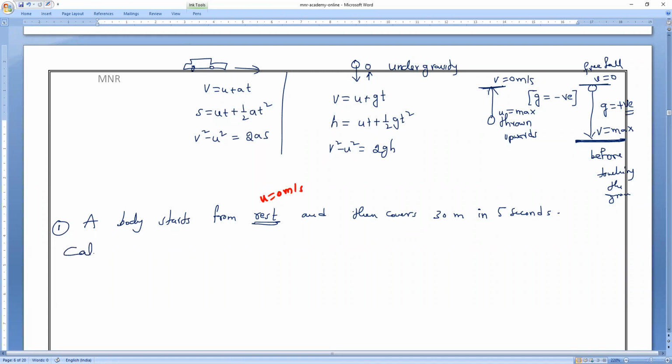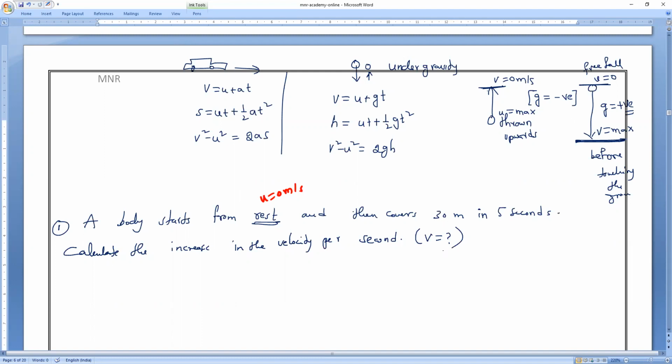Calculate the increase in the velocity per second. So what do you have to calculate here? Anybody can tell? Final velocity?